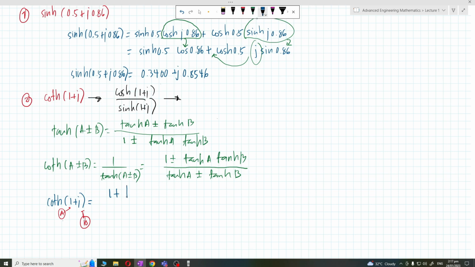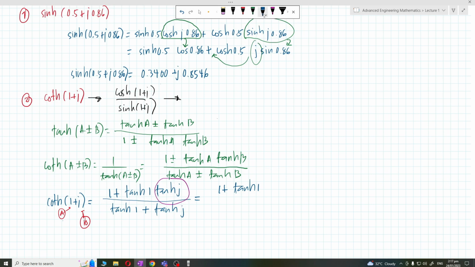So, tangent hyperbolic of 1 and tangent hyperbolic of j over tangent hyperbolic of 1 plus din dito tan hyperbolic of j. Then write functions with complex numbers na inside. So 1 plus the tangent hyperbolic 1. Yung tan hyperbolic of j, ito same as j tan of 1.